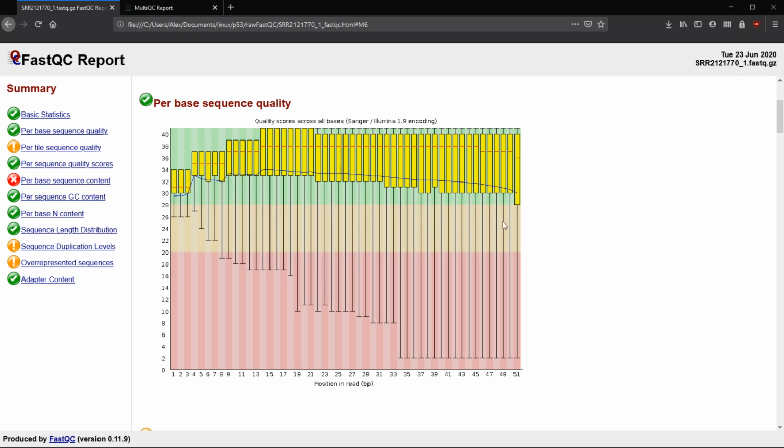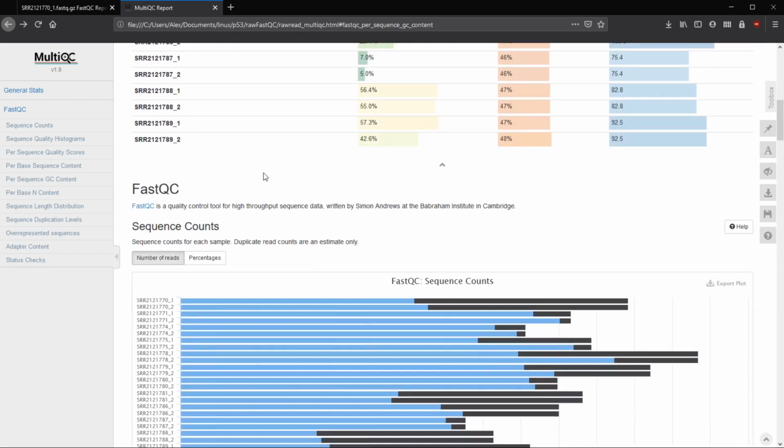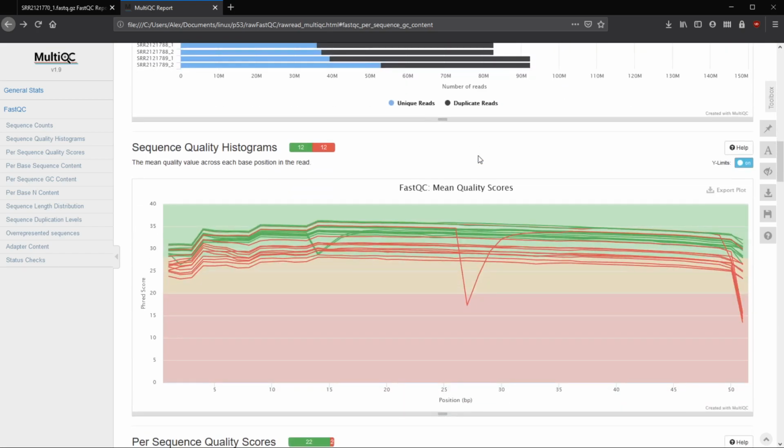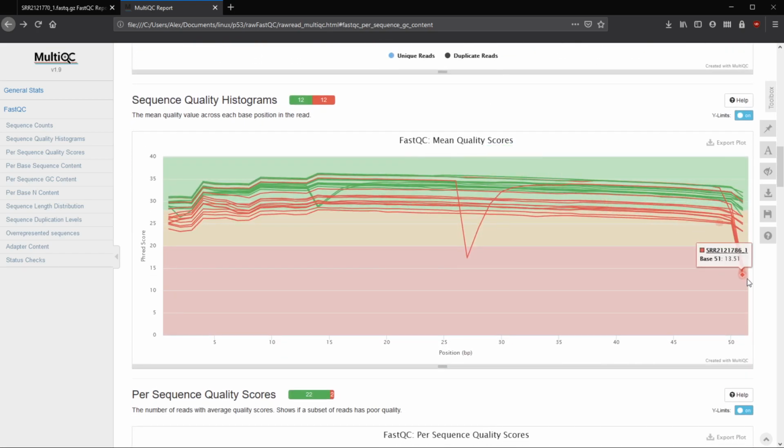If any of these yellow boxes dropped below 10, we can see in this QC report, we have sequence quality, yep. So this one's 13, so not any of ours drop below 10. So that's good.